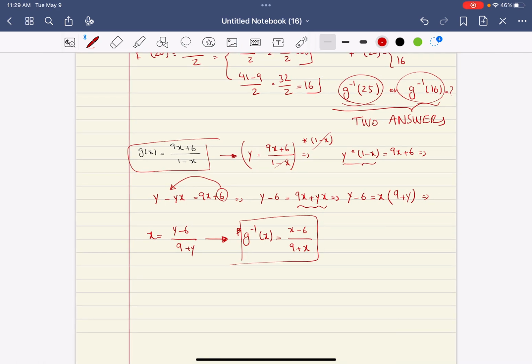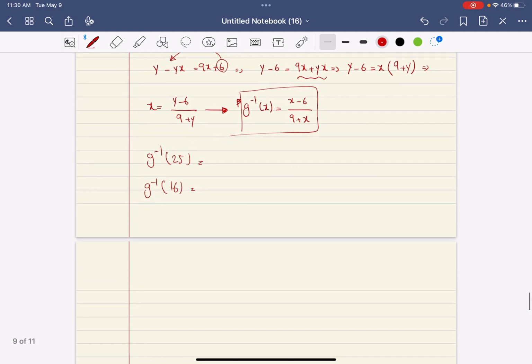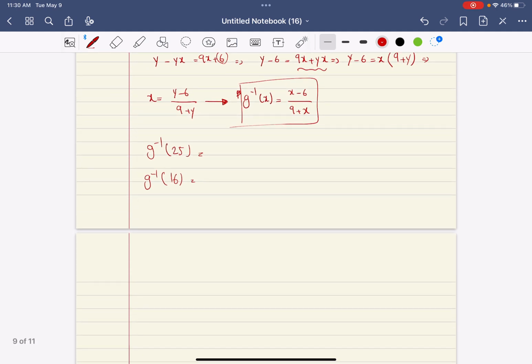So we need to find the inverse of g at these 2 points. So g minus 1 at 25 equals, and g minus 1 at 16 equals. So I'm going to replace 25.